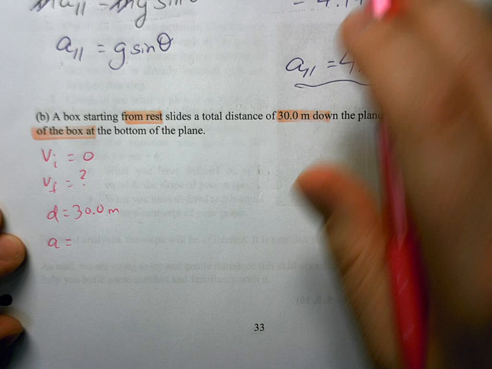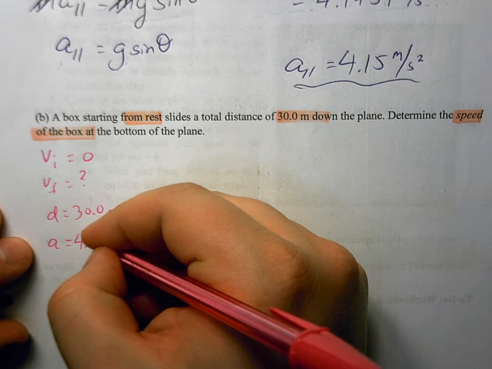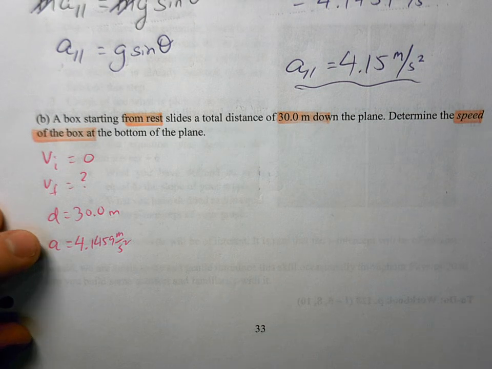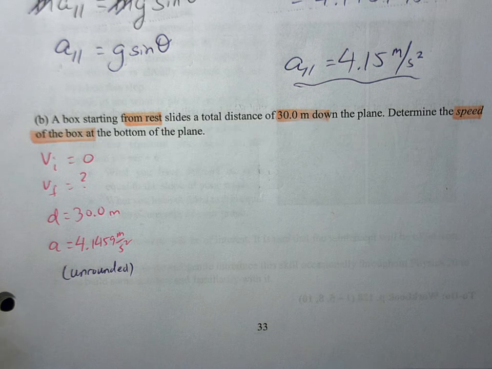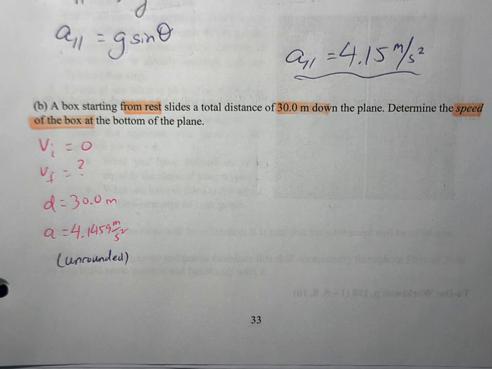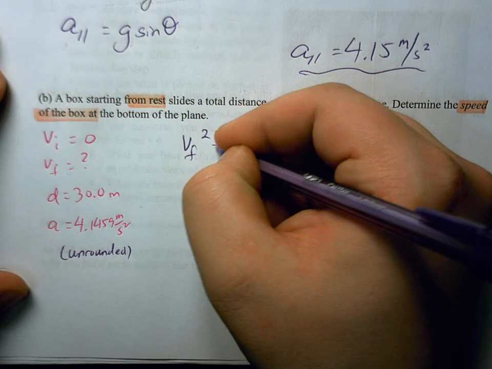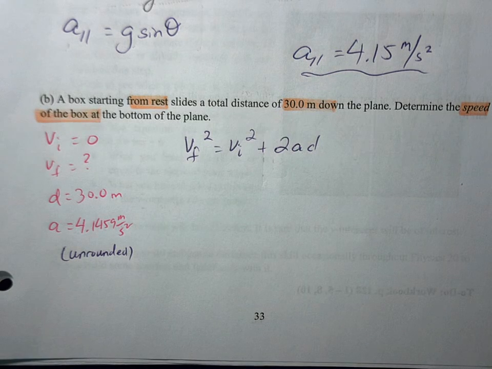So since we're looking parallel to the plane, we're looking at the parallel component of the acceleration. So I'm just going to write this unrounded value for our acceleration. So we need an equation that has VI, VF, D, and A. Well, the equation that's going to help us out here is VF squared is equal to VI squared plus 2AD.